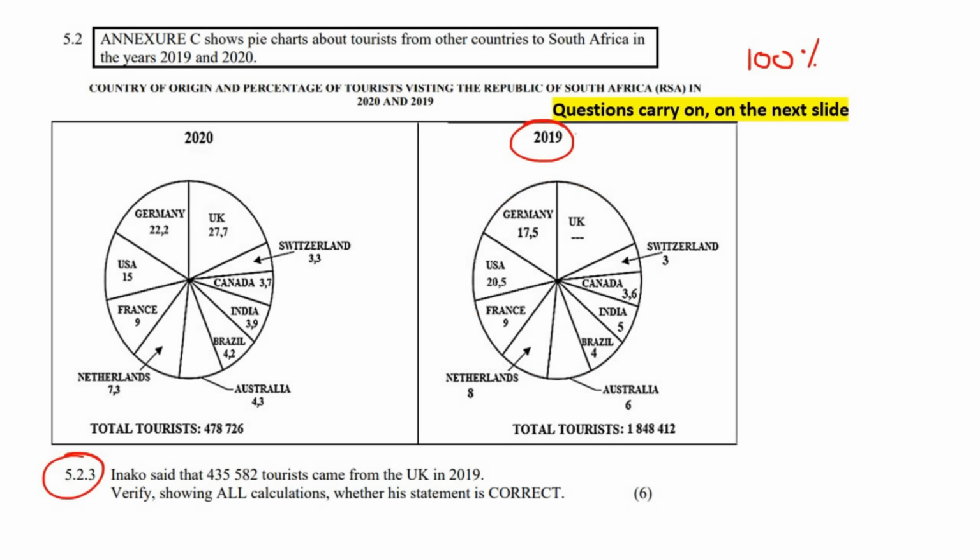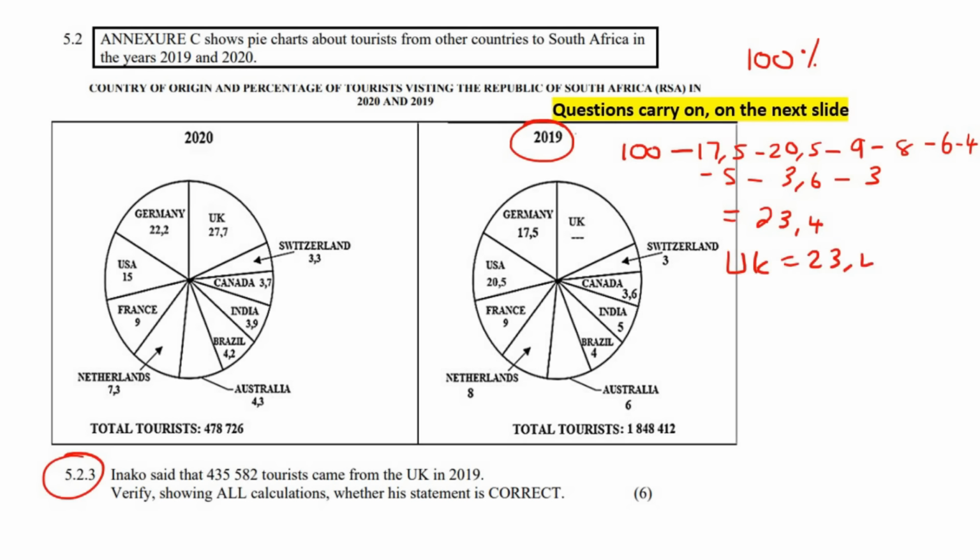So we could say 100%, and take away all the other numbers: 17.5 for Germany, 20.5 for USA, 9, 8, 6, 4 for Brazil, 5, 3.6 for Canada, and 3 for Switzerland. Go work that out, and you end up with 23.4. So the UK would be 23.4%.